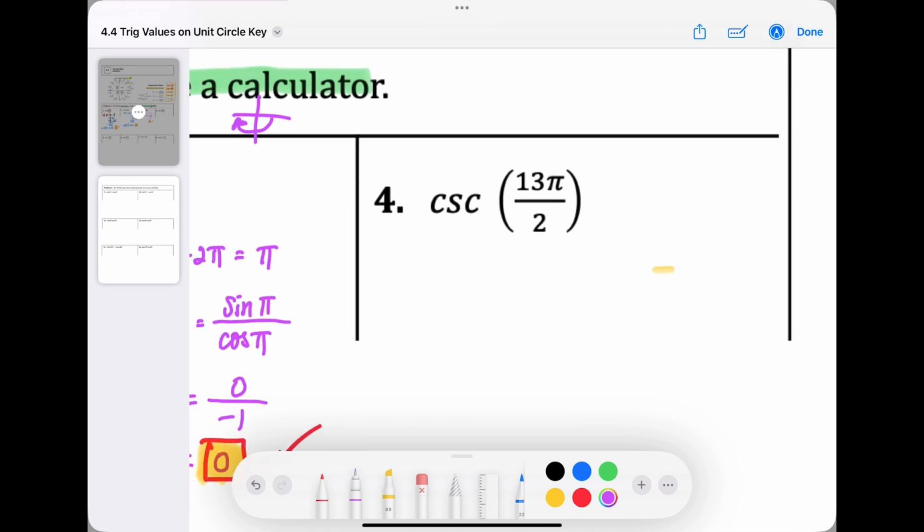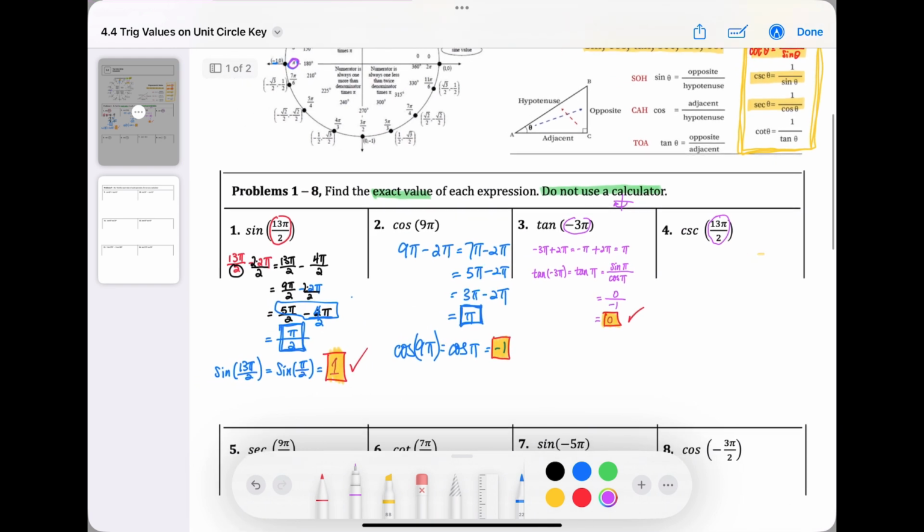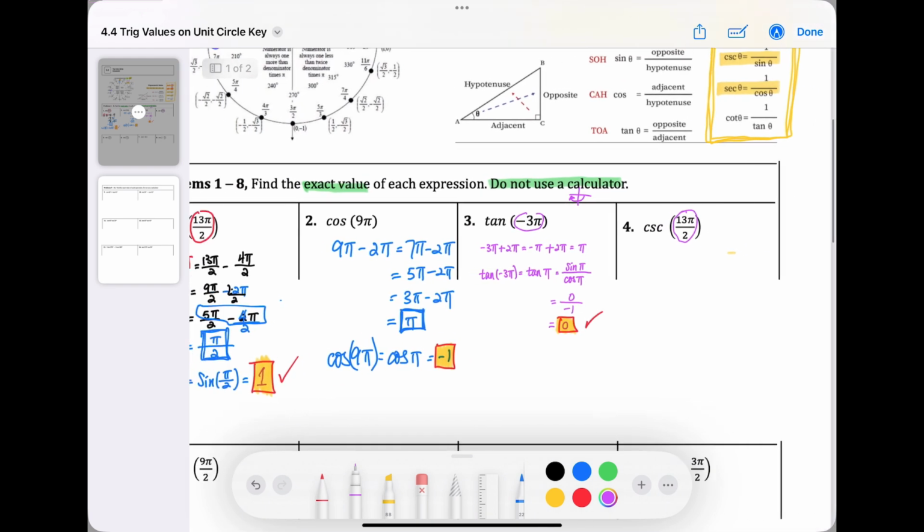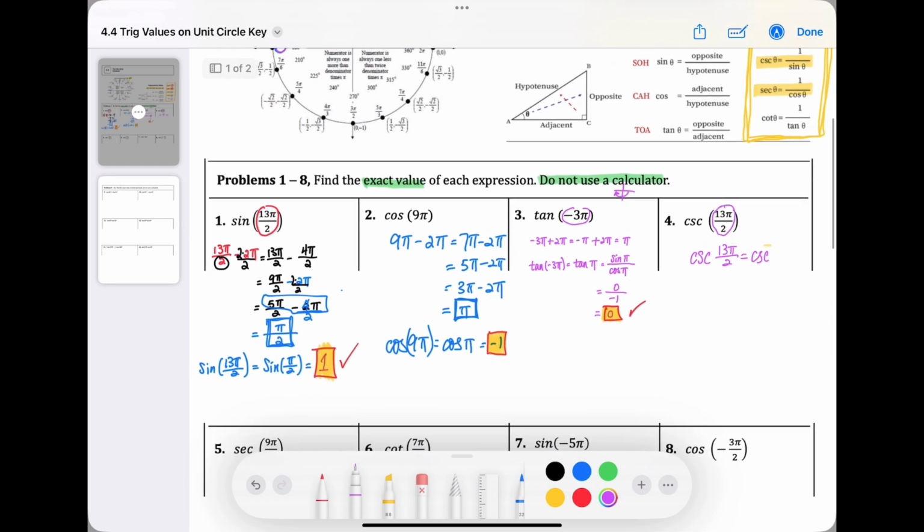Cool? All right, same thing. Cosecant, well, I'm going to use the shortcut, okay? So this is kind of like number 6, cosecant of 13 pi over 2. By the same procedure, 13 pi over 2 is too big, so I keep minus 2 pi.